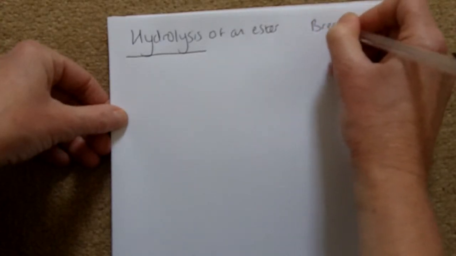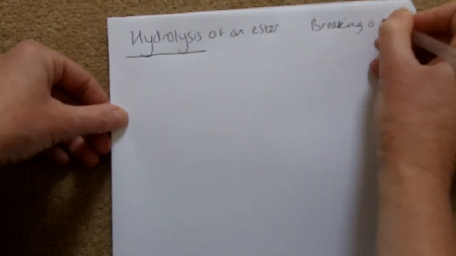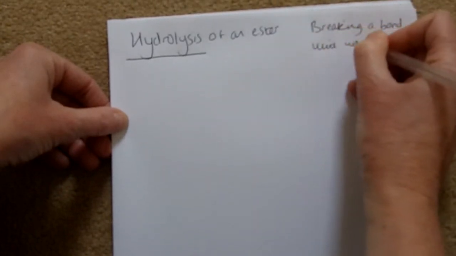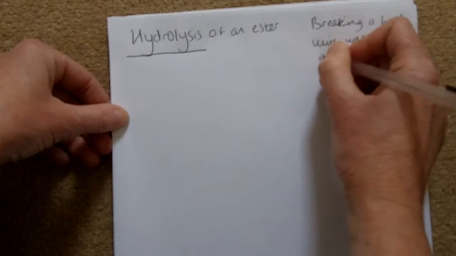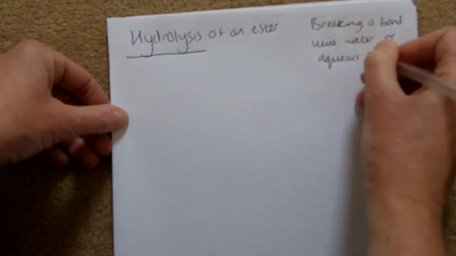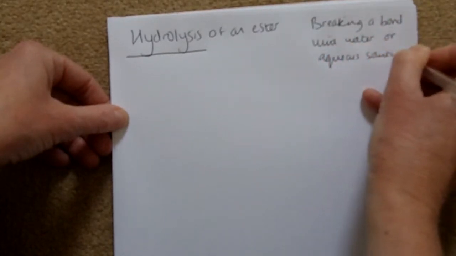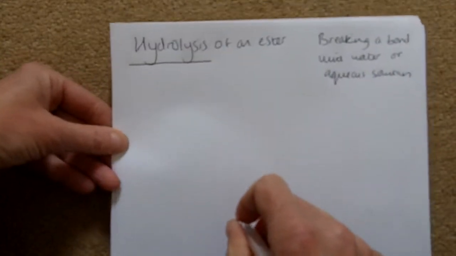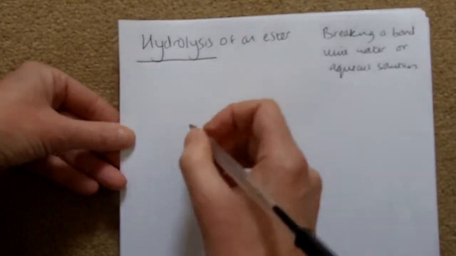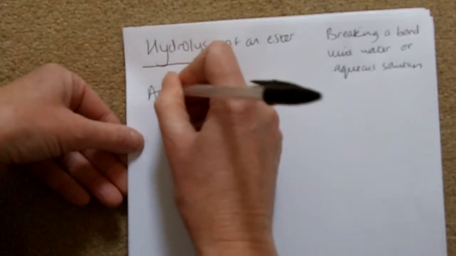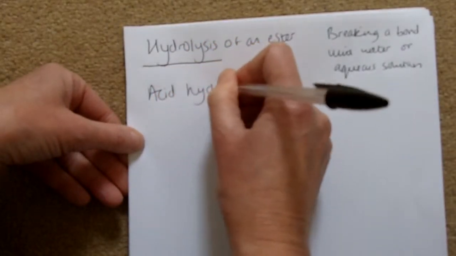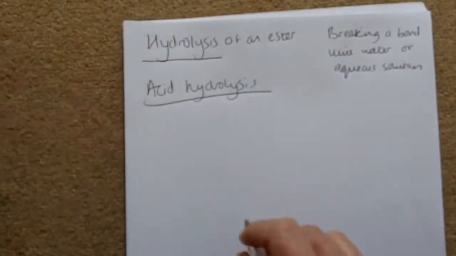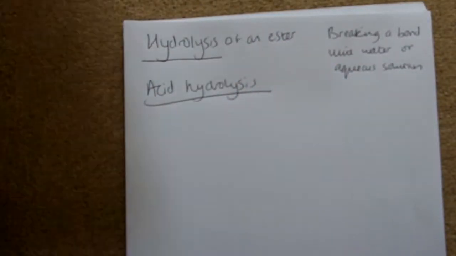So there's two types of hydrolysis. You can do acid hydrolysis. Okay, but let's go back to how to make an ester.